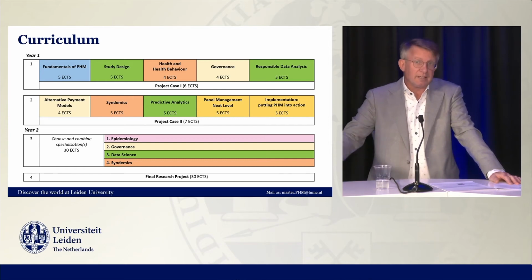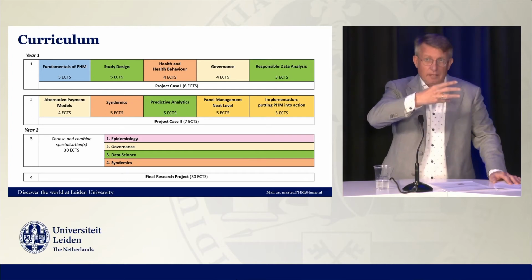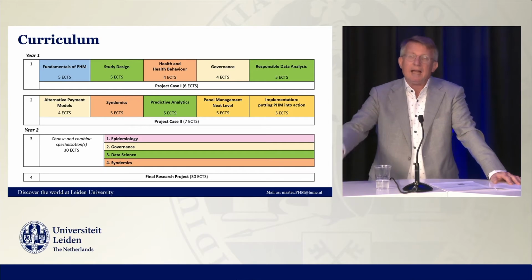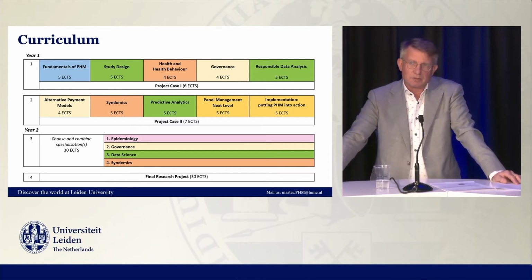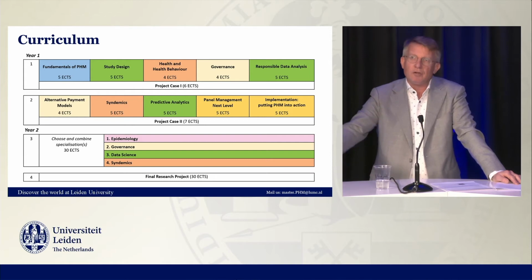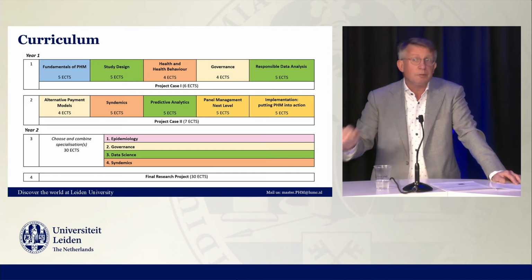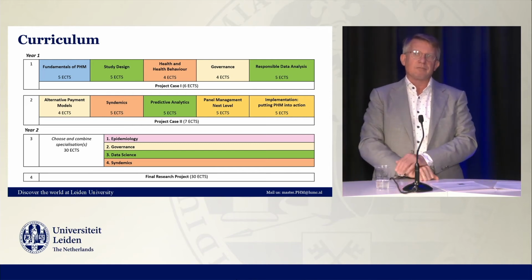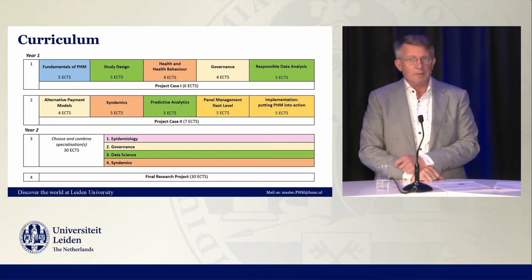We have predictive analytics, which is more data-driven, but again, much more focused on the clinical part as well. And then to implementation courses, panel management, which is more implementation at the clinical level, and putting population health management into action, which is more at the community level. So you see that we try to build, coming from different disciplines, an interdisciplinary program.